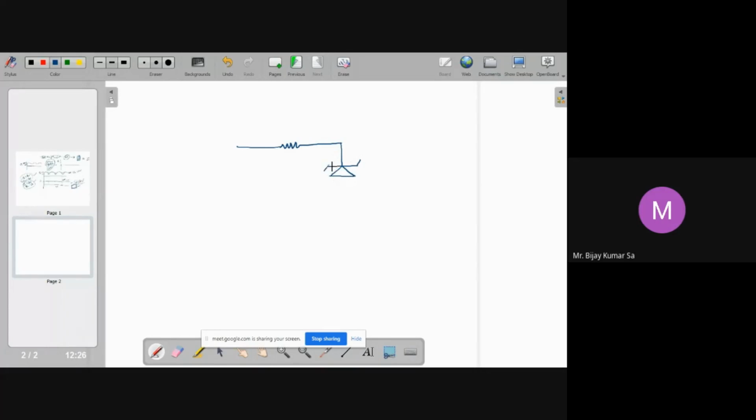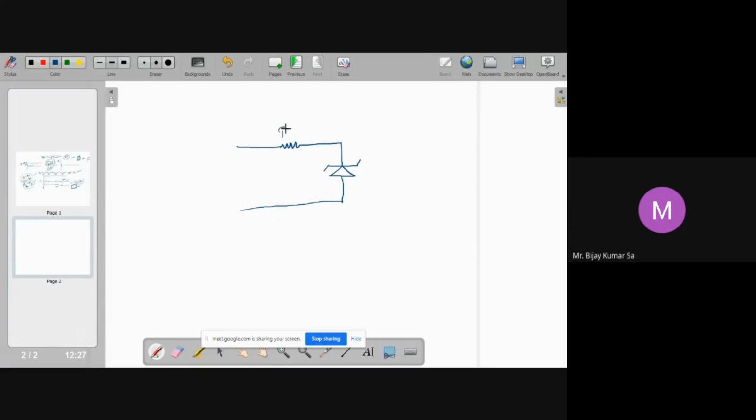So this is a zener diode. The symbol is like this, a Z kind of symbol appears in the symbol itself. Okay.